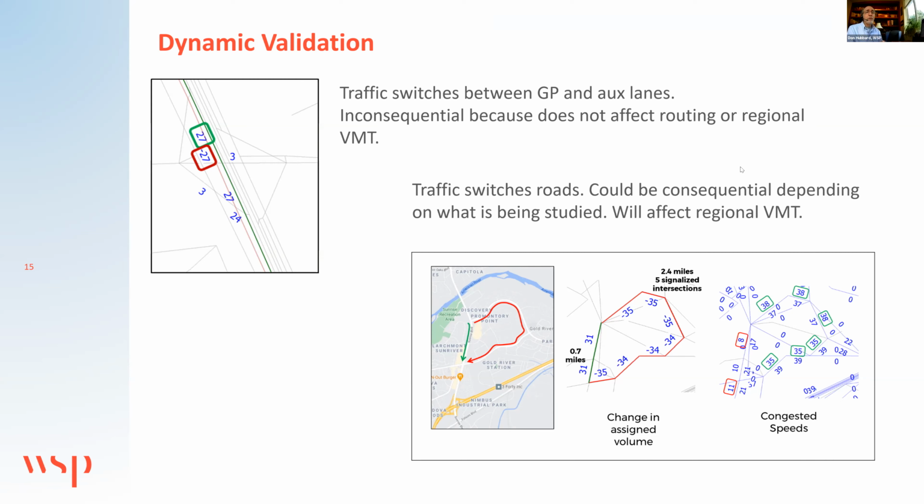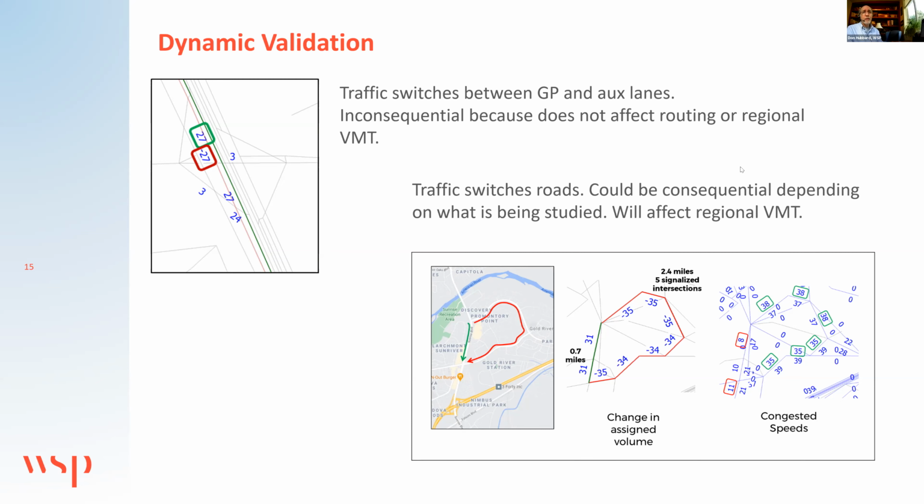Okay. If you look at the bottom right, you can see a different kind of change. This is on Sunrise Boulevard in Rancho Cordova, where traffic is switching back and forth between Sunrise Boulevard and a sort of circuitous route that goes around it. So Sunrise Boulevard is 0.7 of a mile.